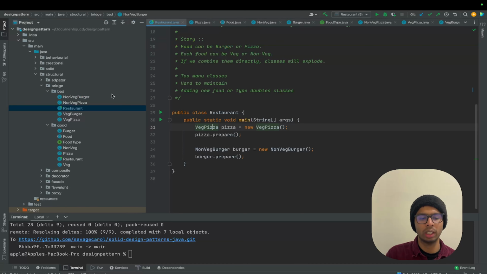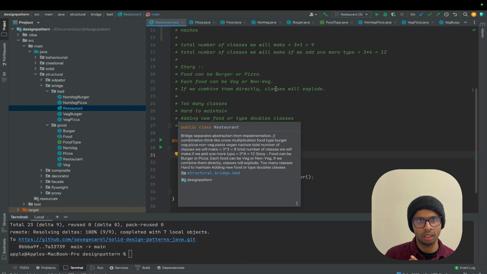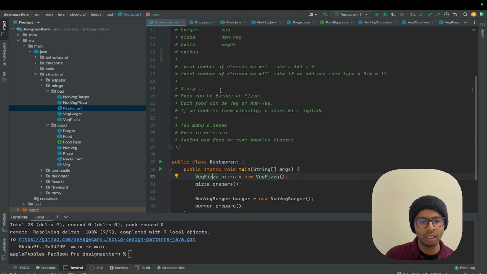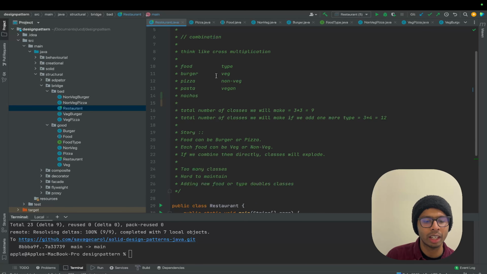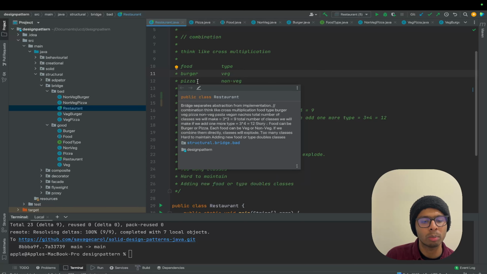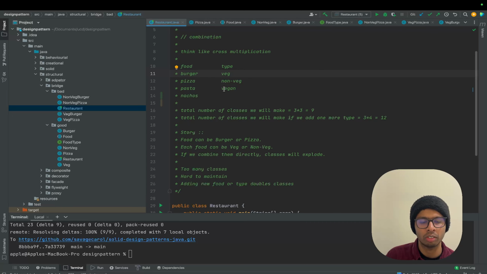Whenever we have one section that is food and another section that is types, and they make a cross join, everything is multiplied with these types. The burger is going to multiply with veg, non-veg and vegan. Similarly, pizza is going to multiply with veg, non-veg and vegan.